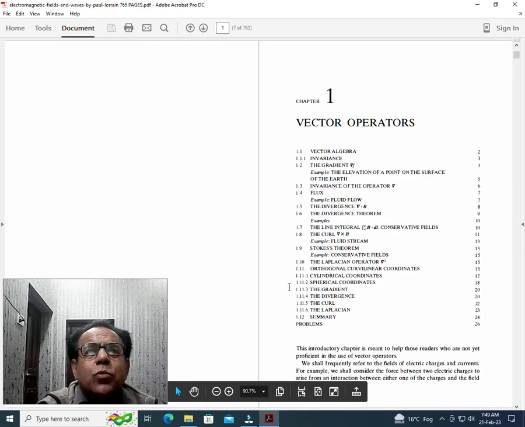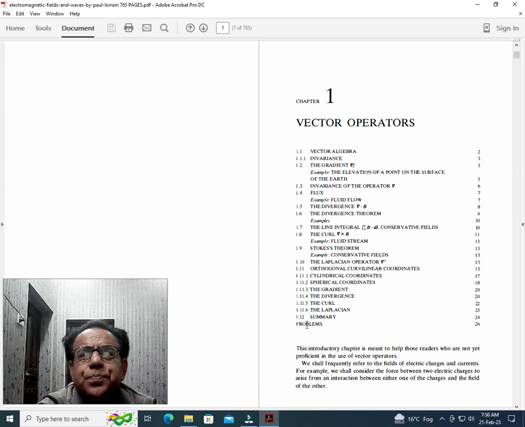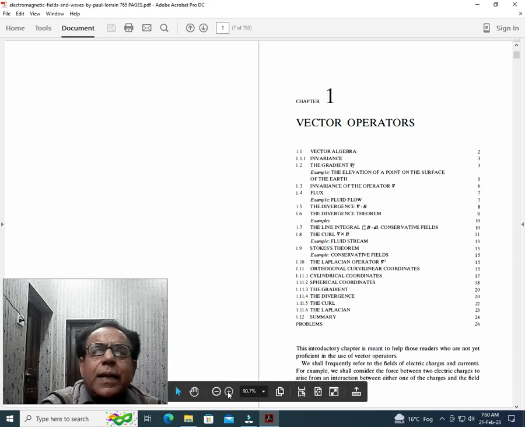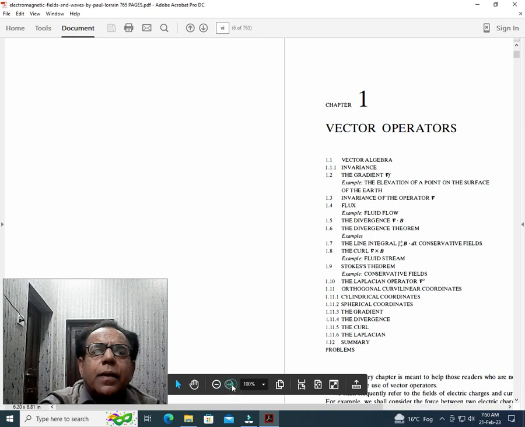Dear students, actually there is some irregularity in this book regarding its adjustment of paper size.